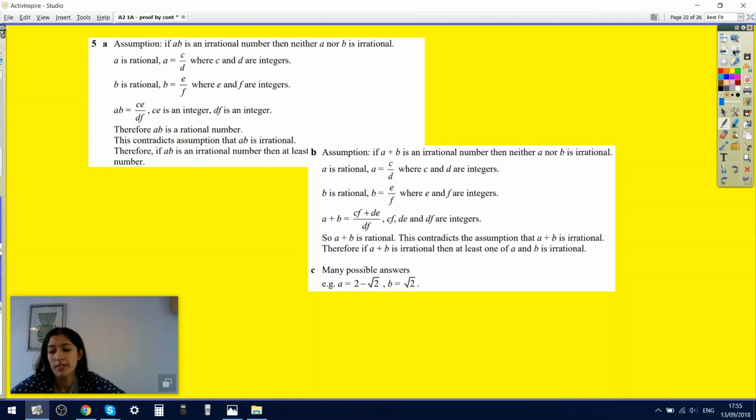Well, can you make them into fractions? Many possible answers. 2 minus root 2 is A. B is root 2. That's cheeky. Why is that cheeky? Because they've done 2 minus root 2 is A, and they made B root 2. So when you add them, you just get 2.